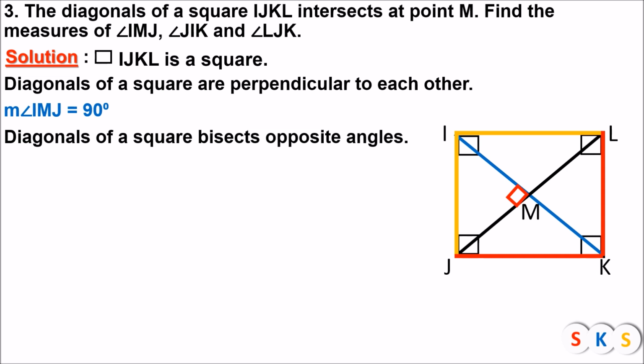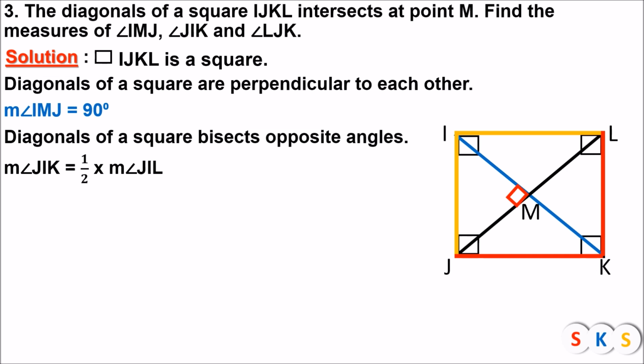Therefore measure of angle JIK will be half of measure of angle JIL, and you can see in this figure measure of angle JIL is 90 degree. Correct, angle JIL is 90 degree. Why is angle JIL 90 degree?